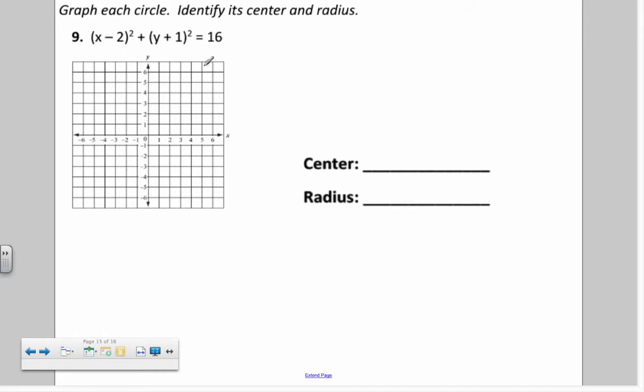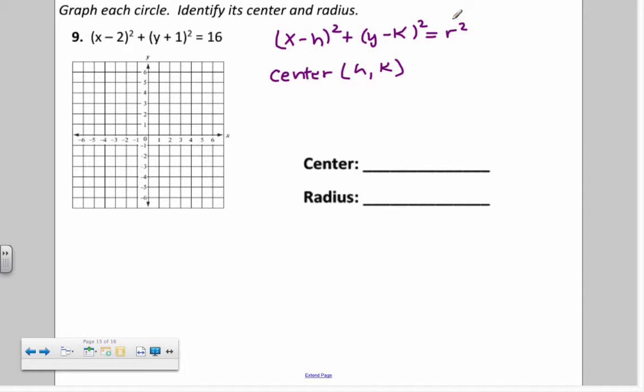So the formula for a circle with the center h and k is x minus h squared plus y minus k squared equals r squared, where my center is h comma k.